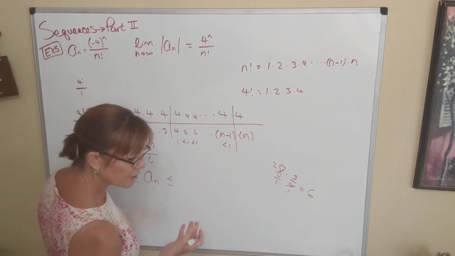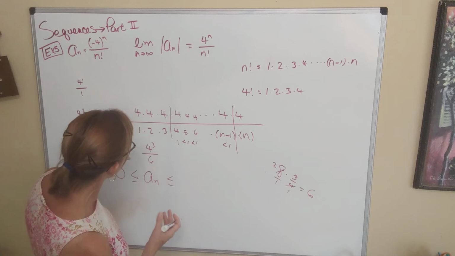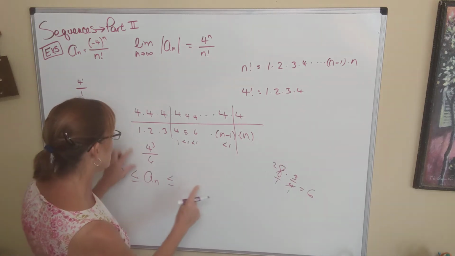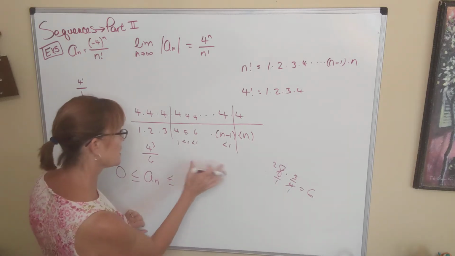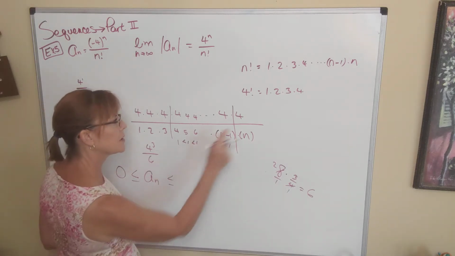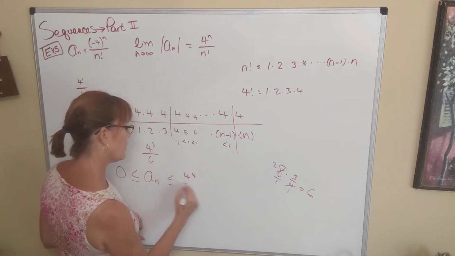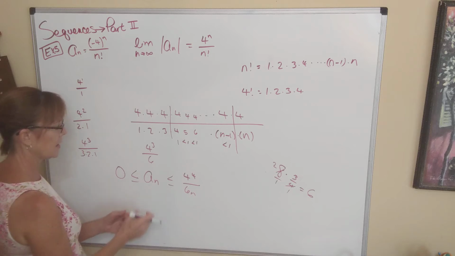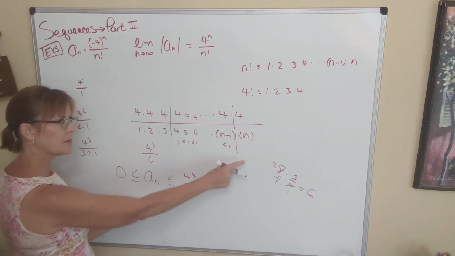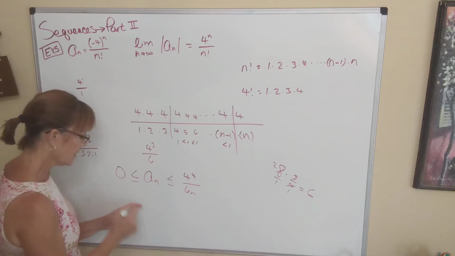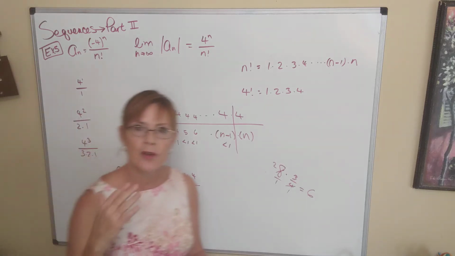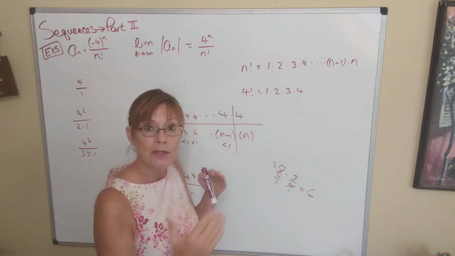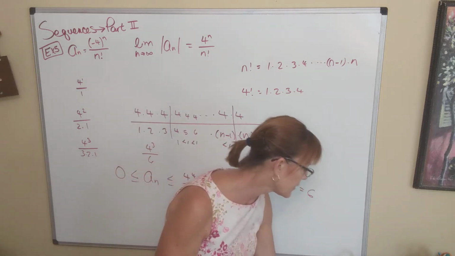And the biggest value we can have would be to multiply this times this last value there. It'd be 4 cubed times 4 over n, because all of this stuff's less than 1. A sub n is going to be bigger than 0, and it's going to be less than or equal to this guy right here. If you recall the squeeze theorem from Calc 1, where we were trying to find the limit of a function and we squeezed it between two others, we're doing something similar here.